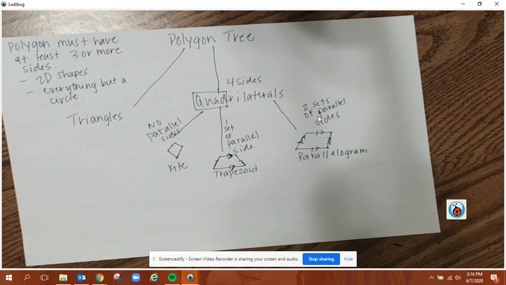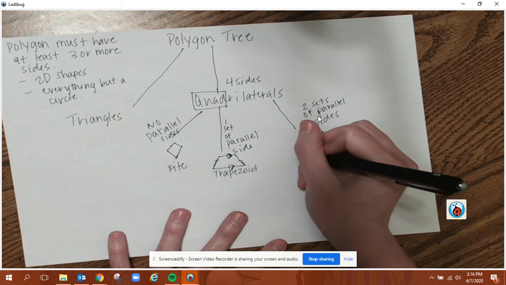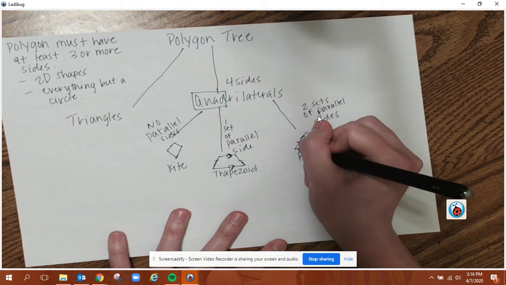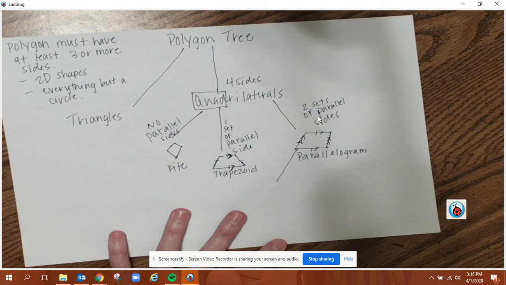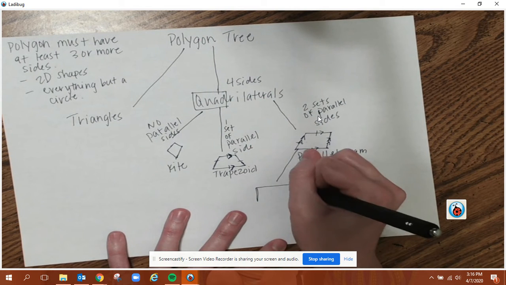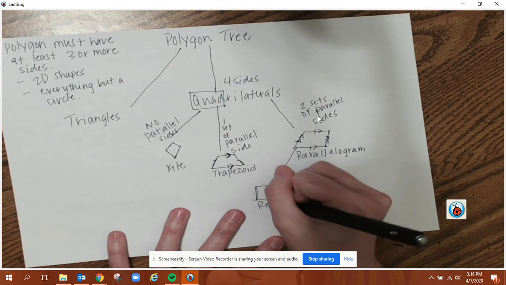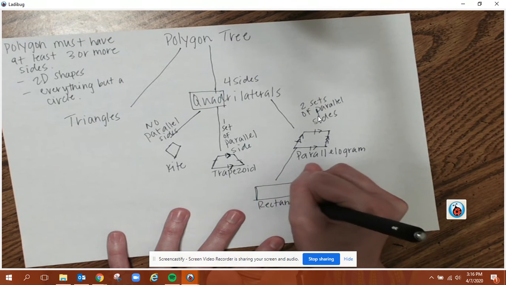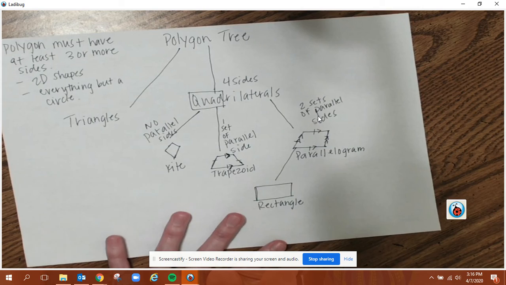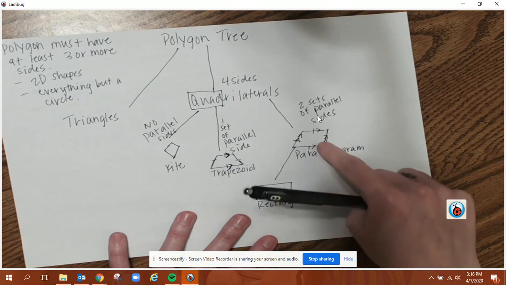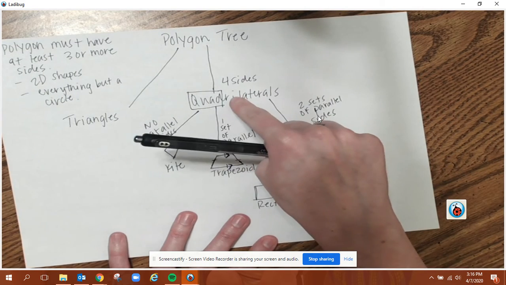Now, a parallelogram can also have different subsets of itself. Okay? So our next subset that we can classify is a rectangle. Okay, so a rectangle can be a parallelogram, and it can also be a quadrilateral.